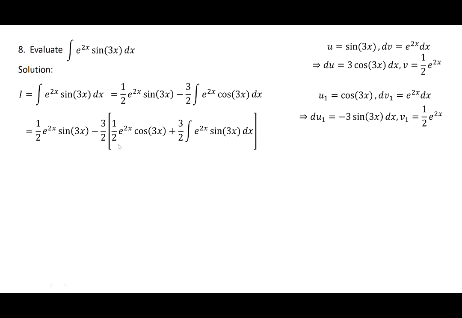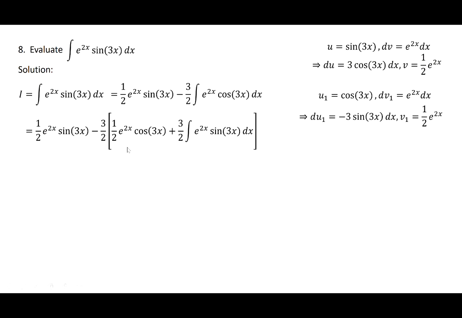So minus u1 v1, right? u1 v1 is cosine of 3x times 1/2 e to the 2x. So that's what you see here. Minus integral v1 du1. But how come this became, instead of a minus, a plus? That's because du1 has a minus in it. So minus v1 du1 would be minus integral this one, right? So be careful about that part.